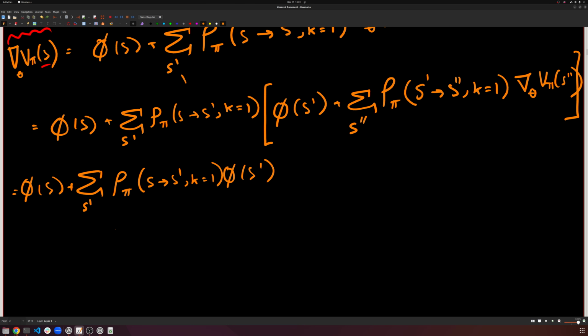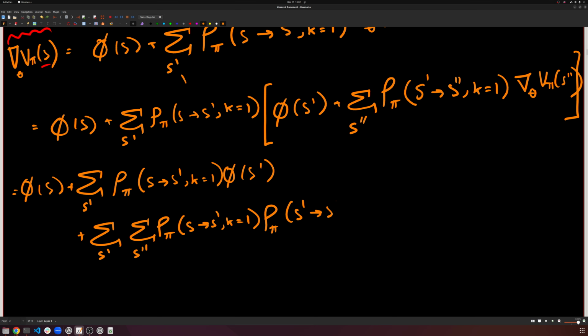And then the next one's going to be another distribution. So it's going to be plus sum over s prime, sum over s double prime, right? So we have both of them. And then we'll have a rho pi from s to s prime, k equals 1. And then we have another one, rho pi s prime to s double prime, again, k equals 1. And then, of course, at the very end, we had this term, the derivative.